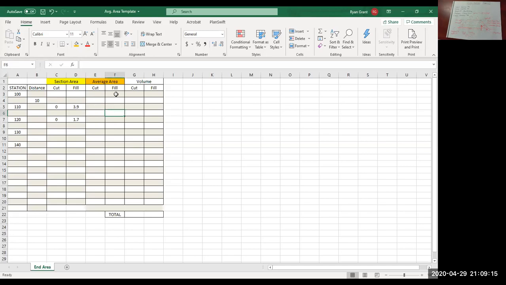Let's do fill first. For the fill, you're looking at the previous fill and then the next fill to get an average for here. So if I punch in a formula, if I said that cell plus that cell, added them up, and then divided by 2, that'll give you the average end area between those two sections.